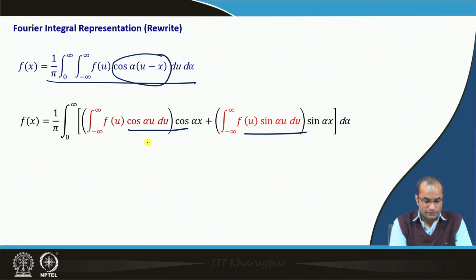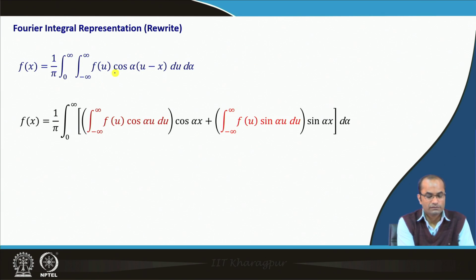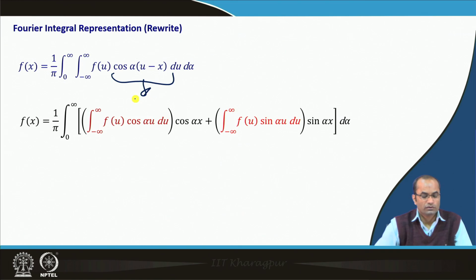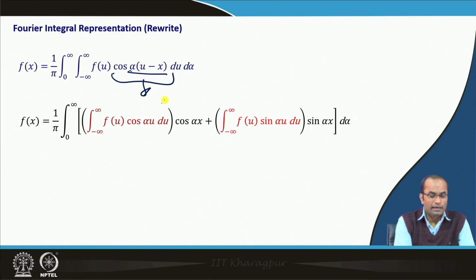So, instead of this cos of alpha u minus alpha x, we have written it now in terms of the cos and sine. And then we have the integral over this u.